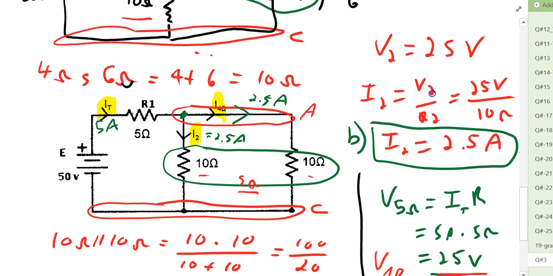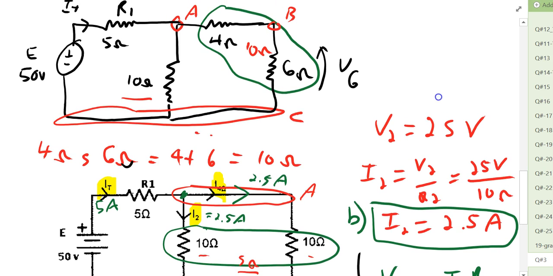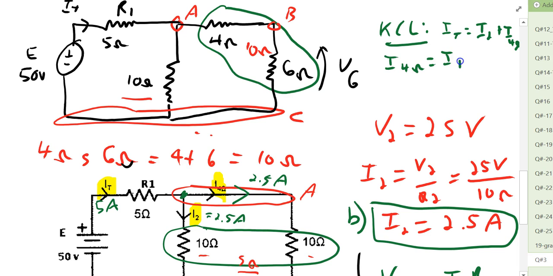So basically what we're saying now is that if we move this up a little bit, Kirchhoff's current law tells us that IT equals I2 plus I4 ohm. So the current through the 4 ohm resistor is IT subtract I2, and we have 5 amps subtract 2.5 amps, and I4 ohm equals 2.5 amps.